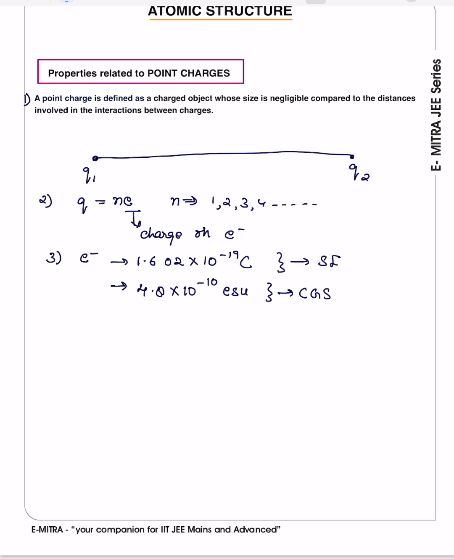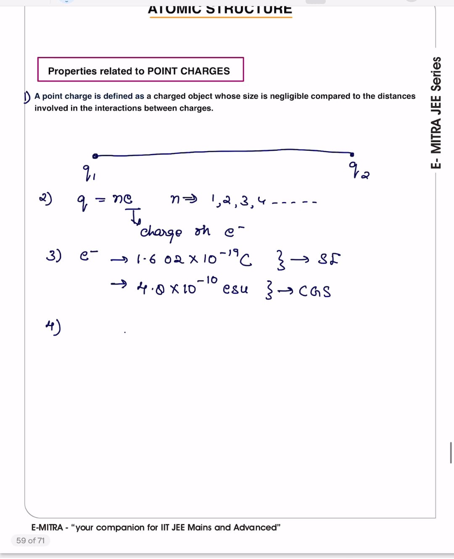Correct? One more thing. Now, when we came to know about point charges, Coulomb gave us a formula to calculate the force between two charges. Before that, understand one more thing: for any two point charges, in smaller classes you must have studied that if they are like charges, suppose both are positive, there will be a force of repulsion between them.